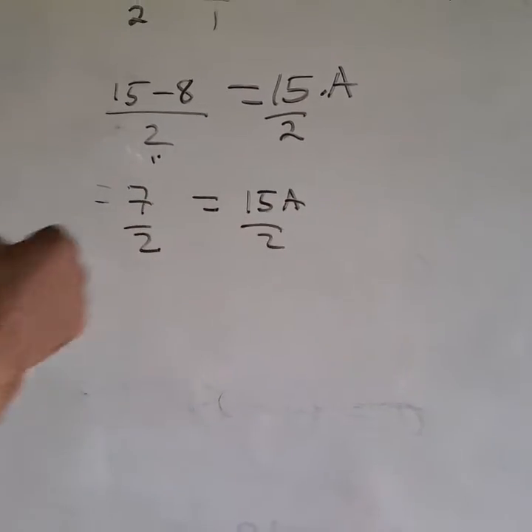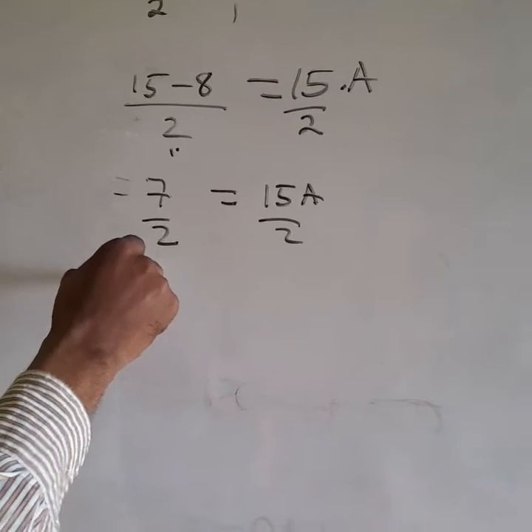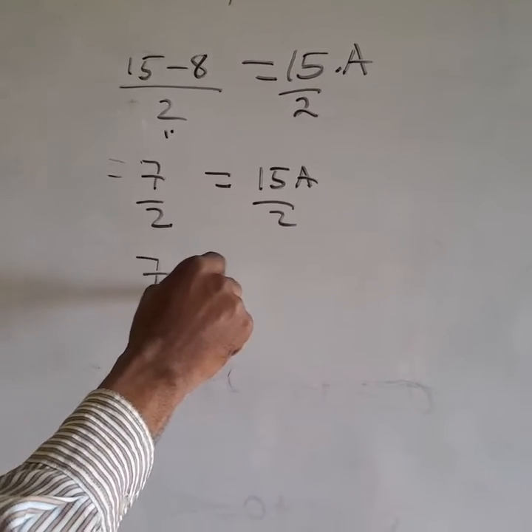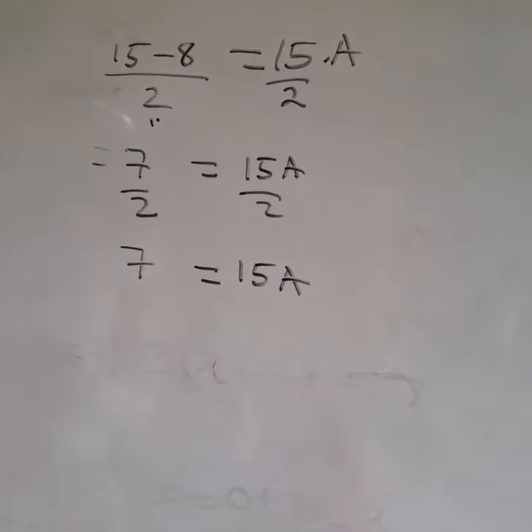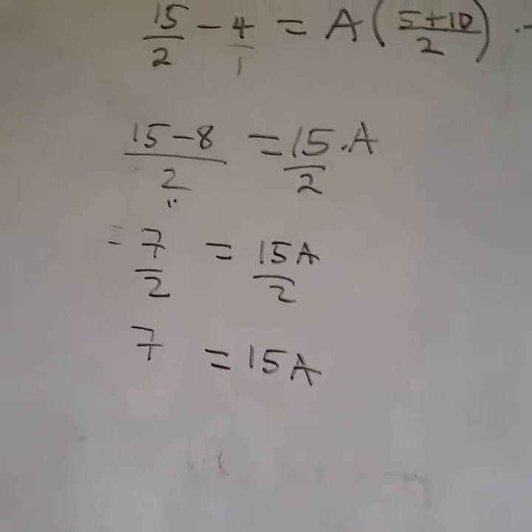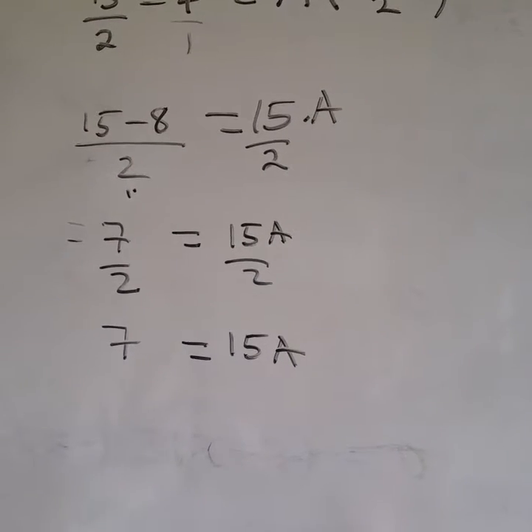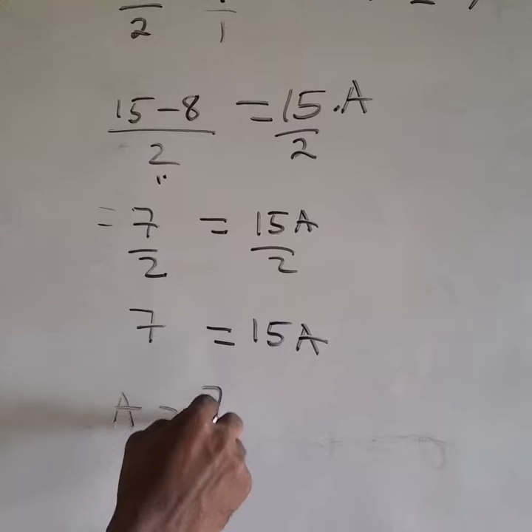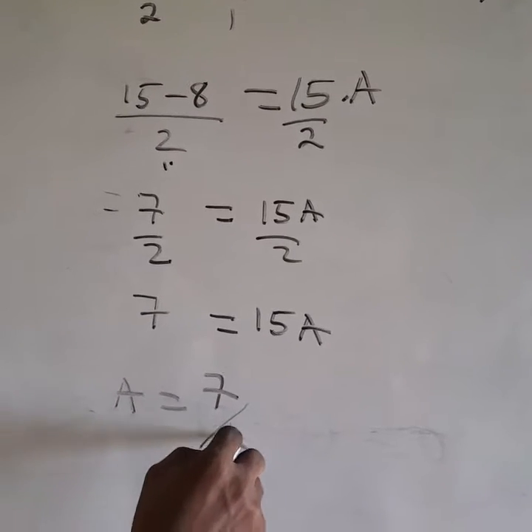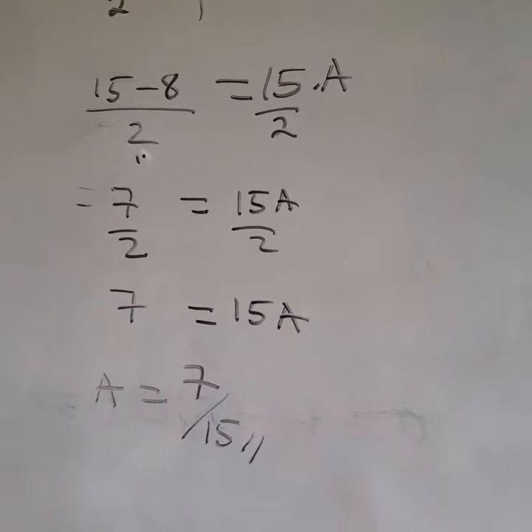Since the denominator is 2, they can cancel each other to have 7 equal to 15a. So to find the value of a, divide both sides by 15. So we'll have a to be equal to 7 all over 15.